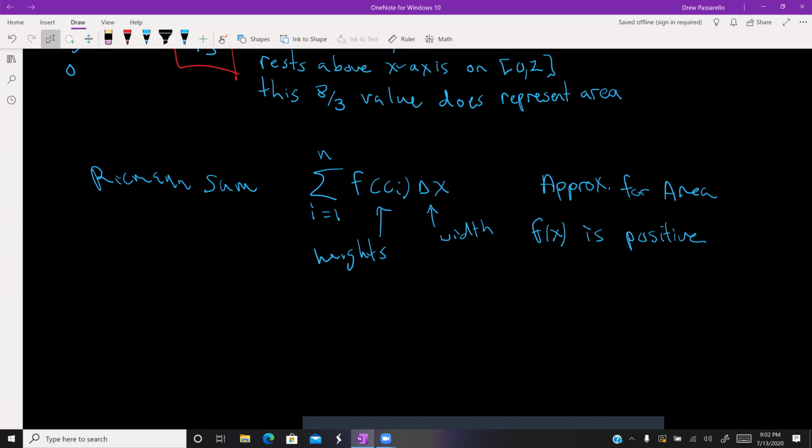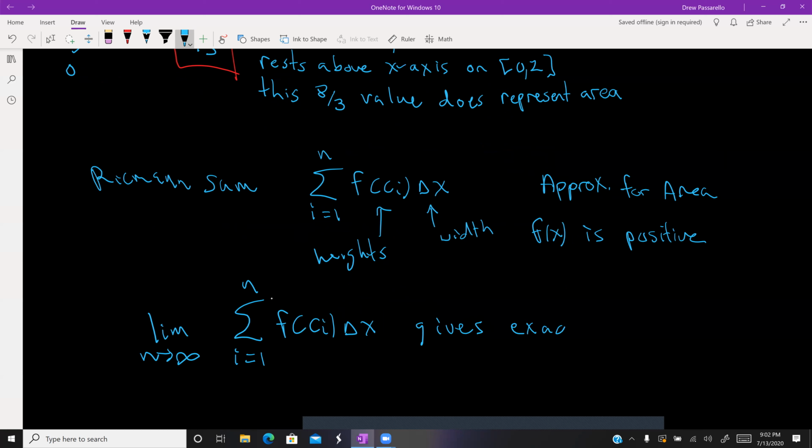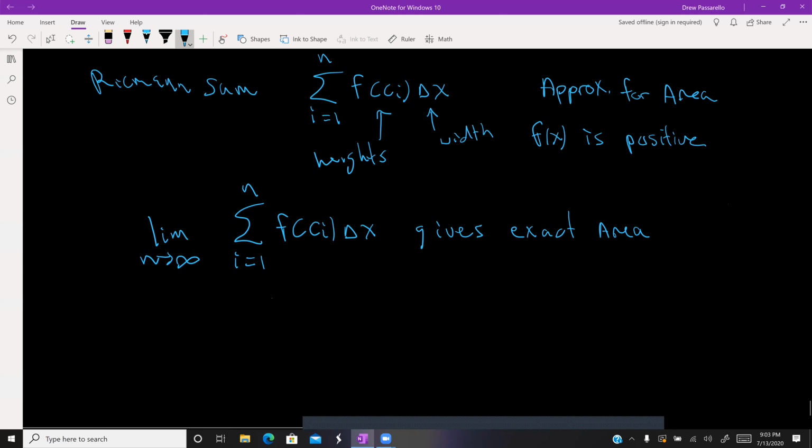Now if you take the limit of that, that gives you the exact area, again if f of x is positive.